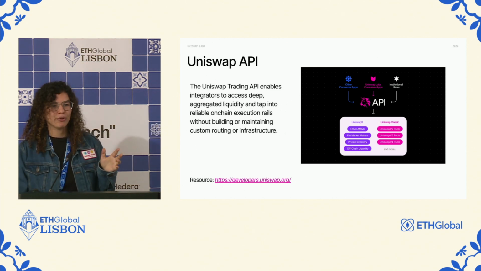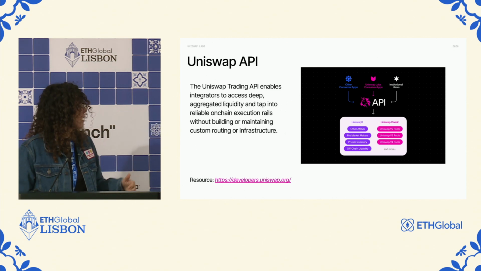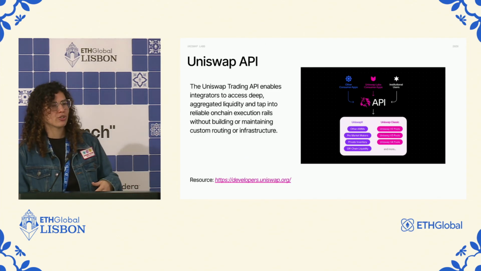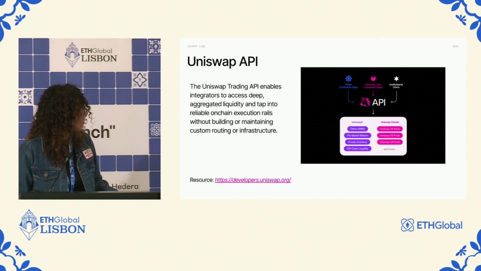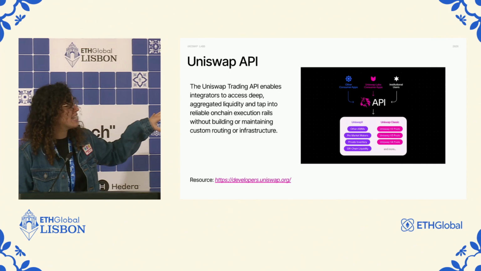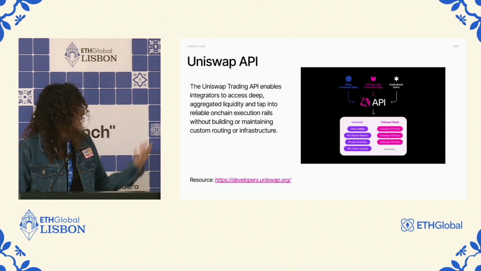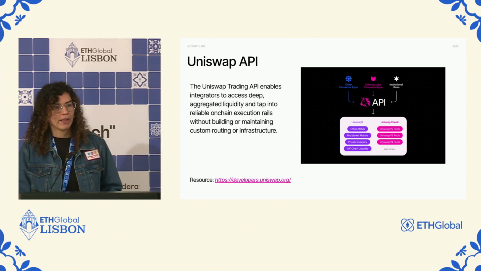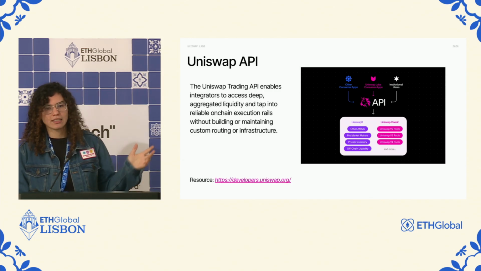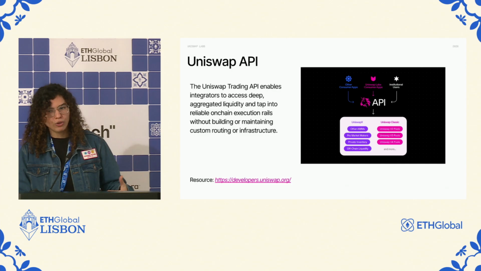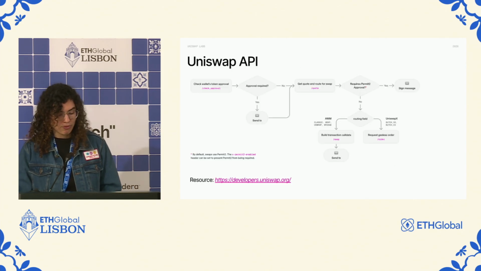By Classic, we refer to the protocol, the AMM, and Uniswap X refers to the exclusive filler network we mentioned before. The API is also used by institutional users, and it can also be used by you. It's as simple as going to developers.uniswap.org, claiming your API key, and getting access to all of our routing machine without the need to build it yourself.